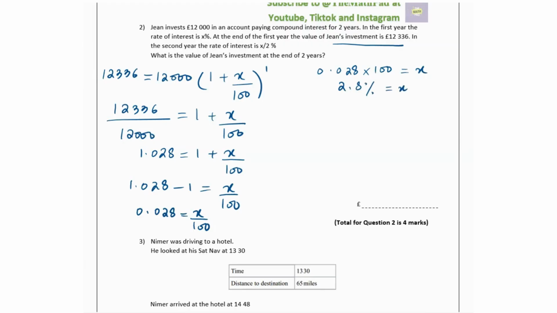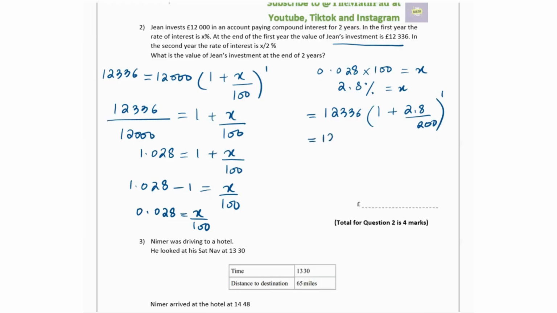Now they want us to find the value of the investment at the end of 2 years. So at the end of 2 years is going to be 12,336 times 1 plus 2.8 over 200 to the power 1.